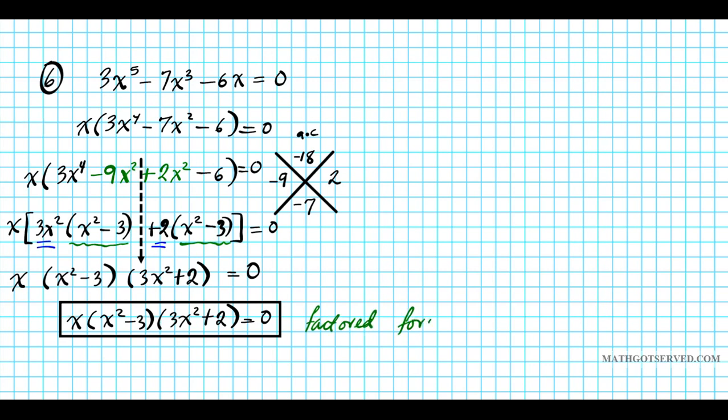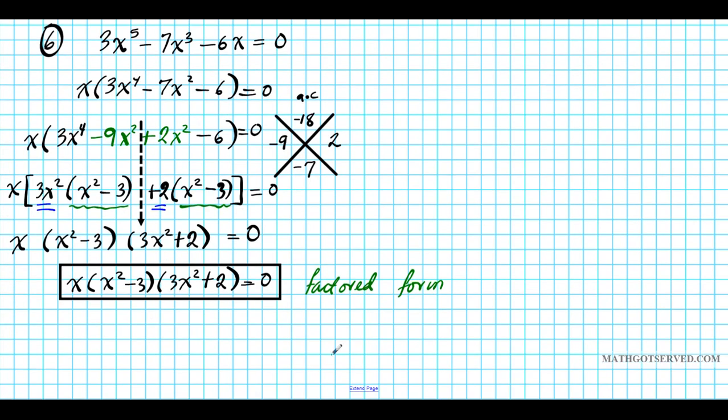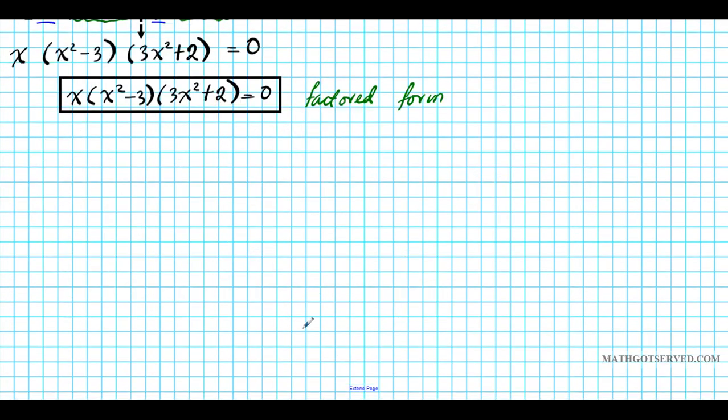Lastly, we're going to set each factor to 0, and then we'll solve that algebraically. Applying the zero product property, we set each factor to 0: x, x squared minus 3, and 3x squared plus 2.